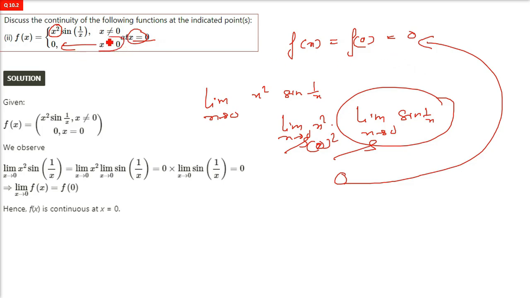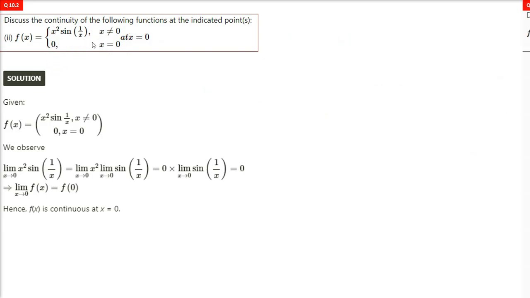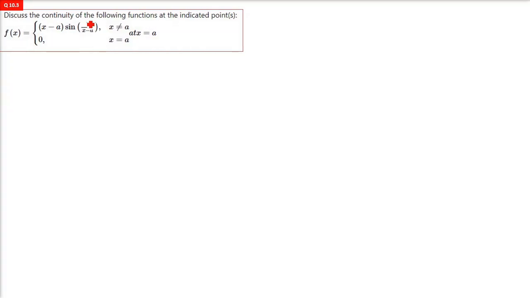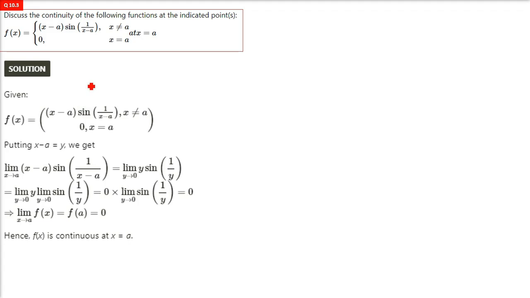No need to go for RHL and LHL, that is the limits from both sides, and then find out whether it is equal to the function value. Now same here. If you put x equals a in the first part, that is f(x) equals x minus a sine 1 by x minus a, then x minus a, with x as a, is going to be 0. So we will not go for right hand limit or left hand limit.